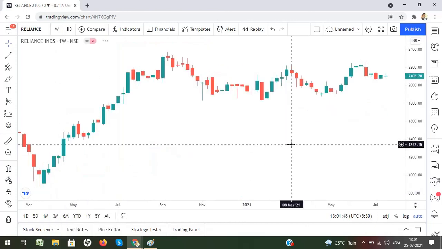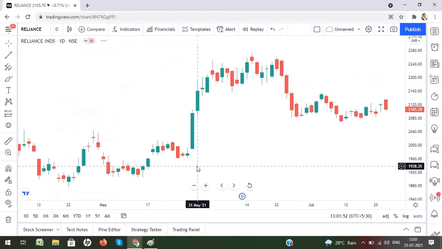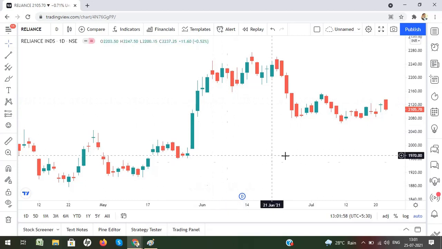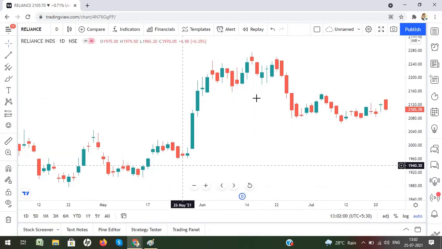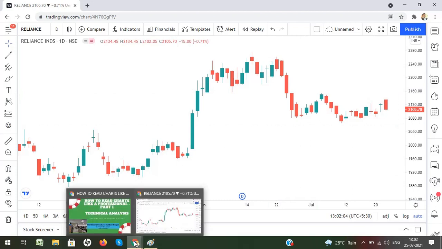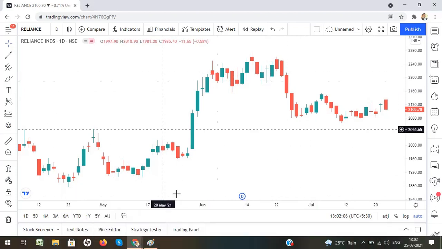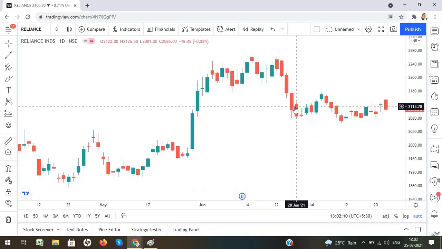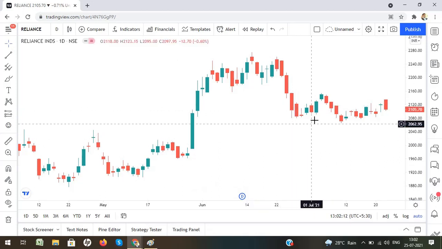So this is a simple way to identify and construct Japanese candlestick price action. I hope this is useful information for you on how candlestick patterns get constructed on different time frames.